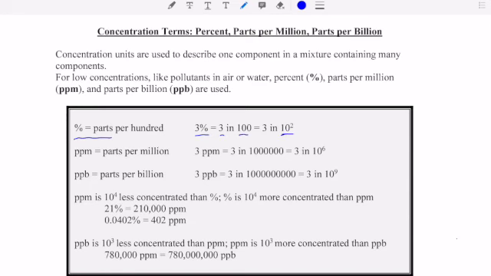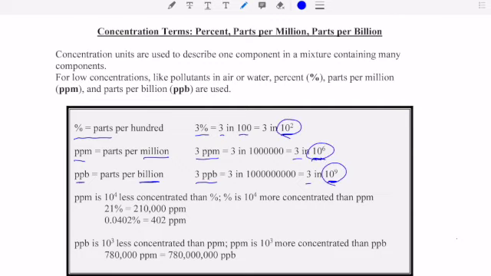Parts per million is how many in 10 to the 6. So 3 ppm would be 3 in 10 to the 6, which represents the million. And ppb is parts per billion. A billion, remember, is 10 to the 9. So the value 3 ppb is 3 parts in 10 to the 9, the billion. So working with the exponents instead of those zeros.